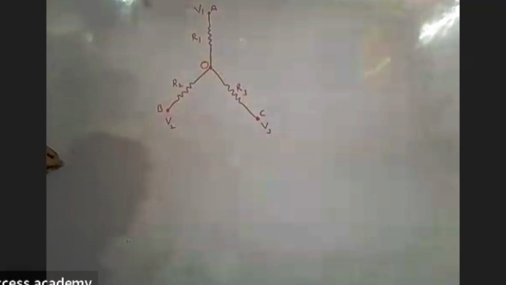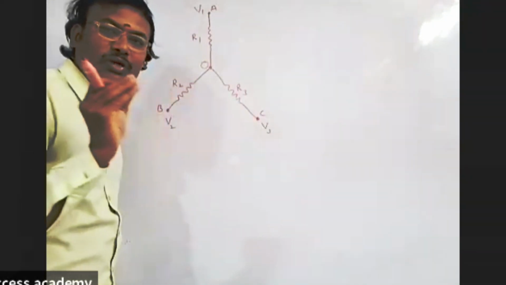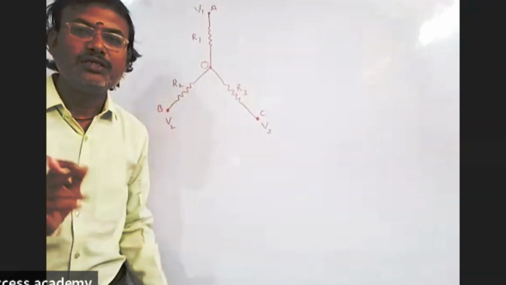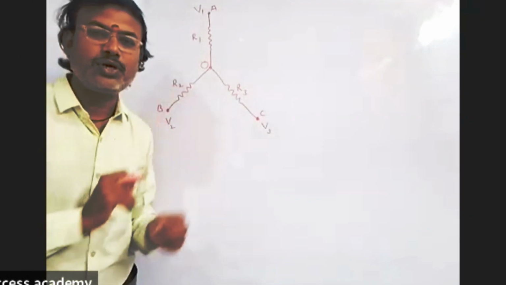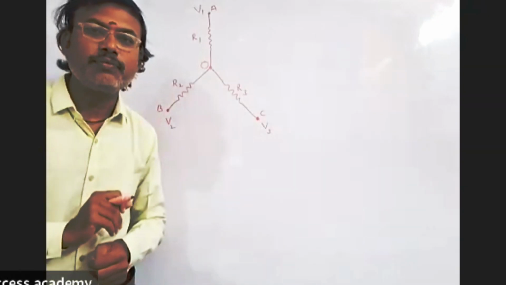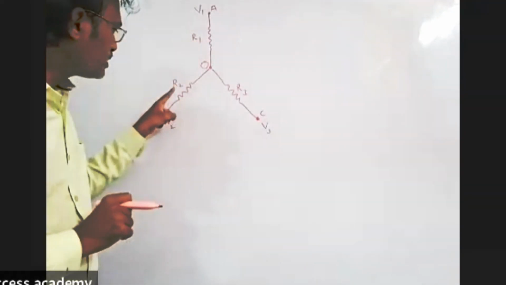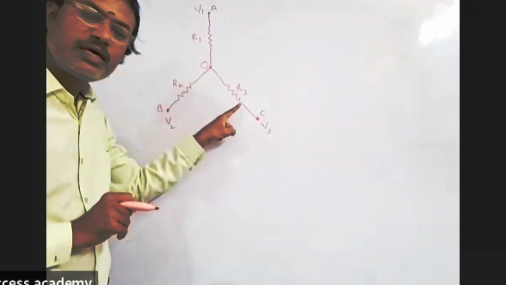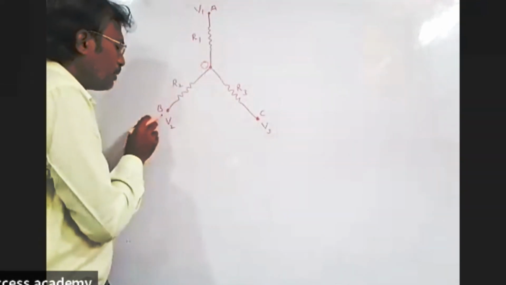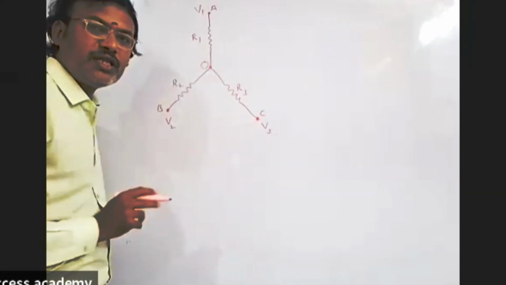Here, this is one section in the circuit, a small part of the circuit. Like this, one resistor R1, this is R2, and this is R3. The potential at A is V1, at B is V2, and at C is V3.